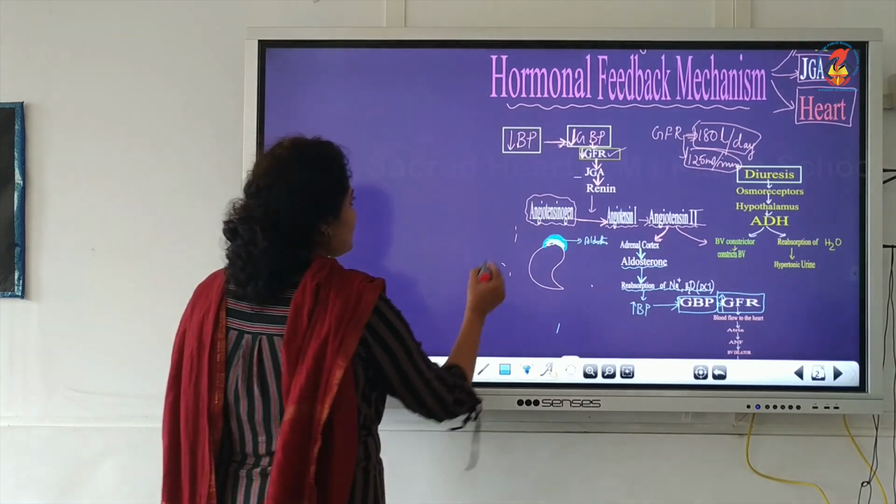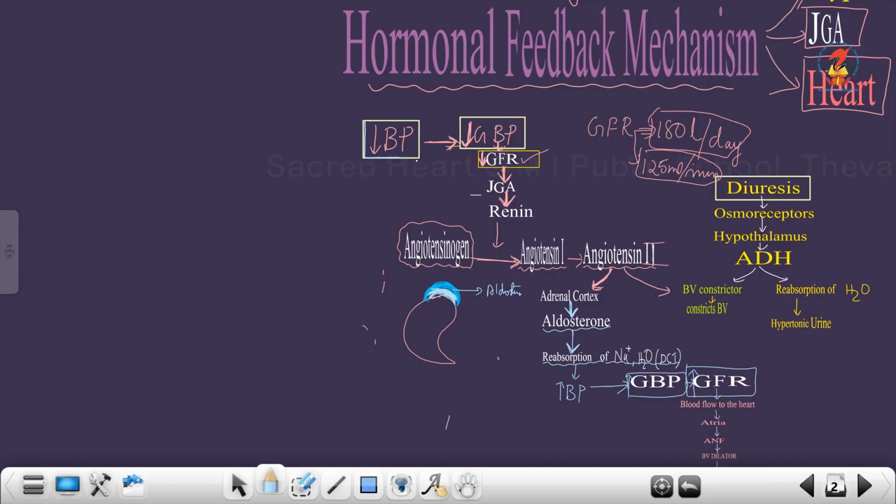See, we started off with this situation when the blood BP is low, what happens automatically? The BP at the glomerulus is also low, and as a result the glomerular filtration also is low. This stimulates the JGA to release the hormone renin, and renin, what does it do? It converts this inactive angiotensinogen to angiotensin 1, and immediately angiotensin 1 gets converted to angiotensin 2.